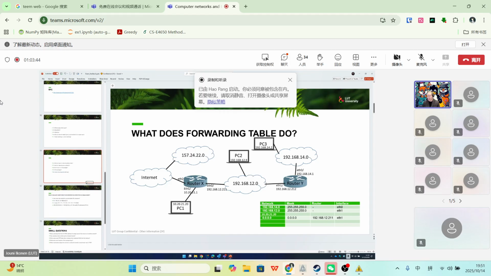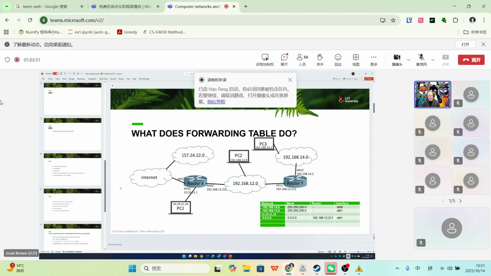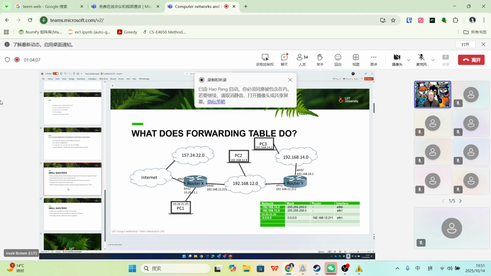So address translation, network address translation (NAT), is taking the data packet which we are sending out, looking at the destination address, destination port, and then mapping its outgoing interface and a new port number.